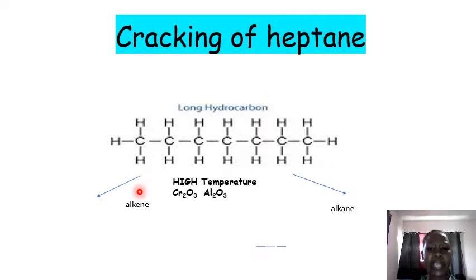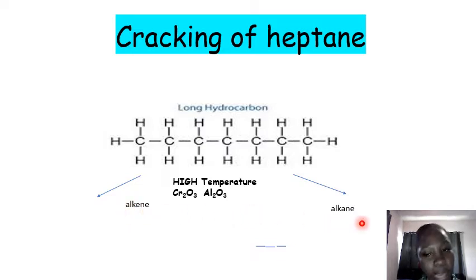Okay, so the next thing I need you to keep in memory is that, listen, if we start off with 7 carbon atoms and 16 hydrogens, we need to also end with 7 carbon atoms and 16 hydrogens. So that means your alkane and your alkene that are being produced need to add up to a total of 7 carbon atoms and 16 hydrogens.